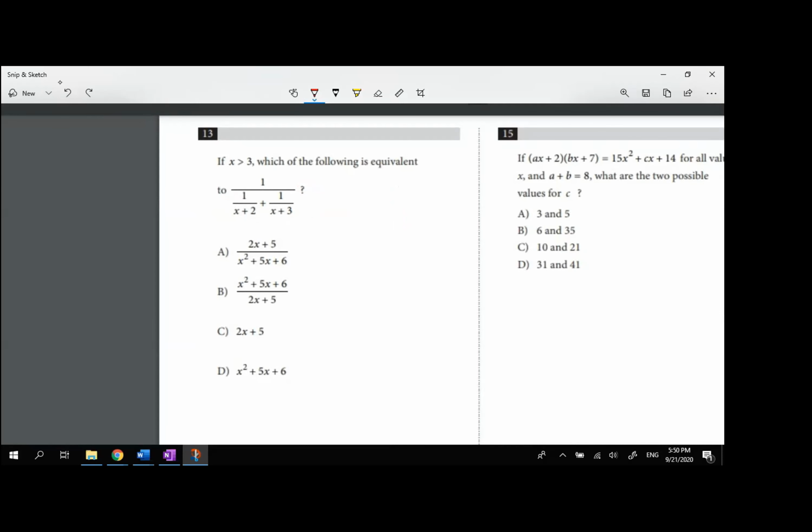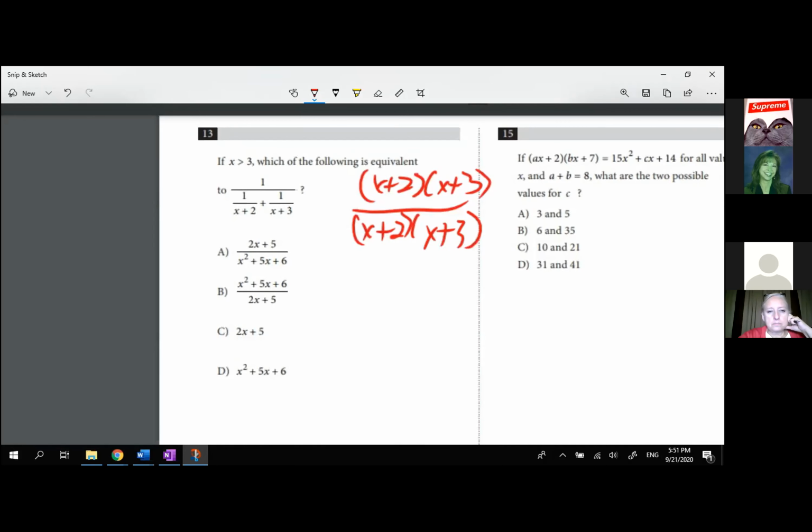So x plus 2 times x plus 3 over x plus 2 times x plus 3 is 1, right?